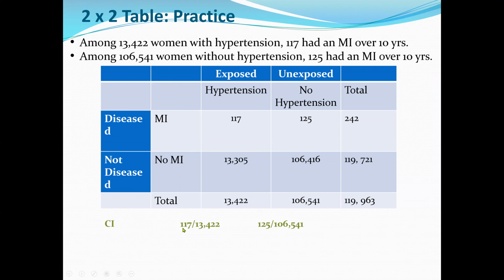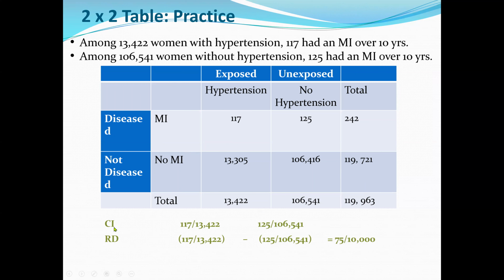We find the cumulative incidence for exposed. Then we find it for the not exposed. This is what we did previously, where RD means the risk difference. So this is what we have. Now, when we are doing the ratio, you see that we divide the two values, the cumulative incidence for exposed divided by cumulative incidence for not exposed.